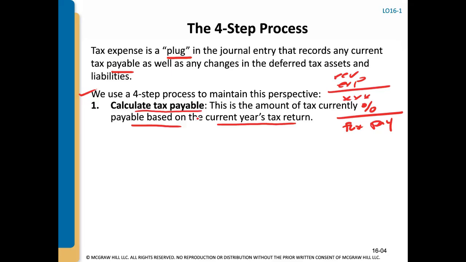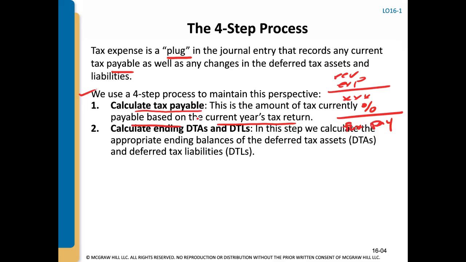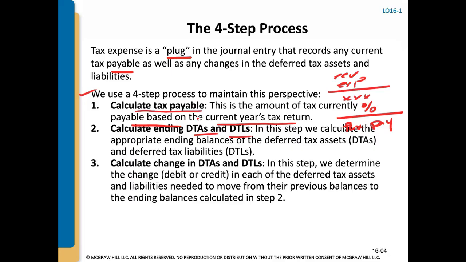So this is how we do income tax accounting. We calculate the income tax payable. We're going to calculate our ending deferred tax assets and deferred tax liabilities, which are labeled as DTAs and DTLs. And then we take the change between the beginning balance of our asset or liability and the end, and the difference is what gets recorded in the current period.